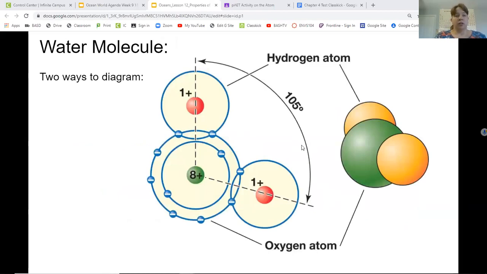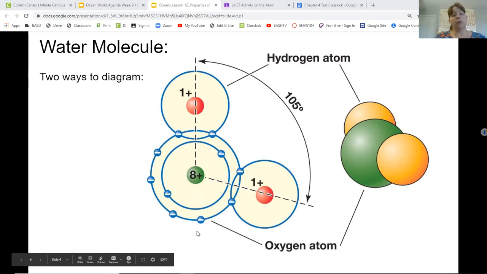So water actually has a bent shape, meaning the hydrogens are not located directly on either side of the oxygen atom. The reason has to do with the extra unshared electrons on the oxygen atom. So hydrogen doesn't have any extra electrons here on the outside, but oxygen does.